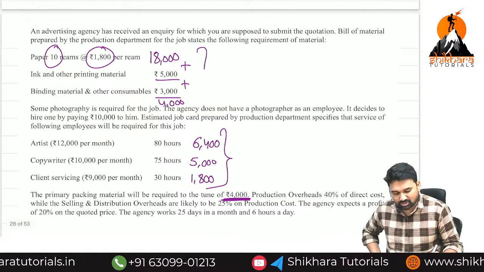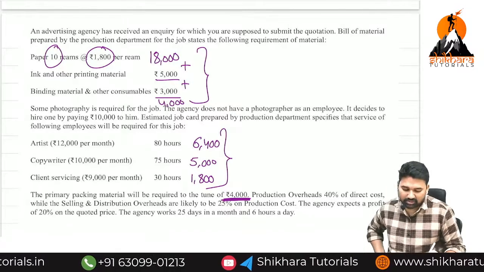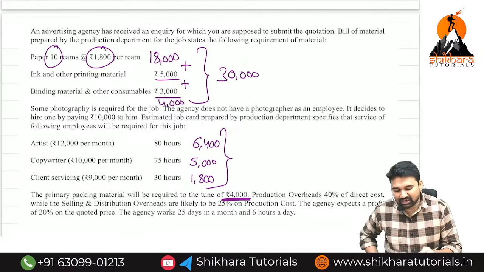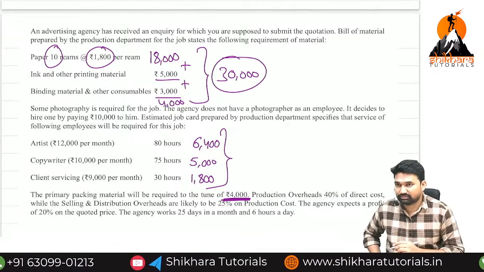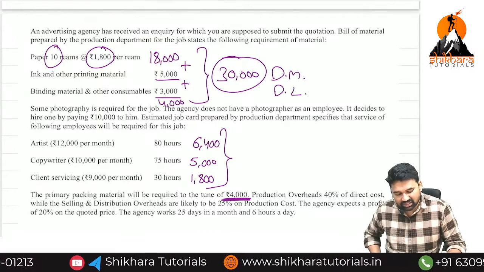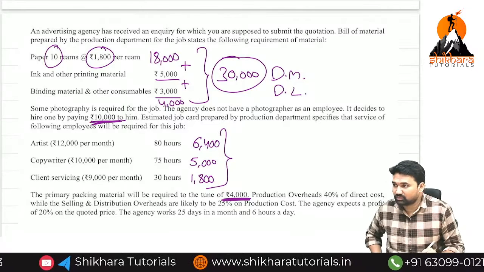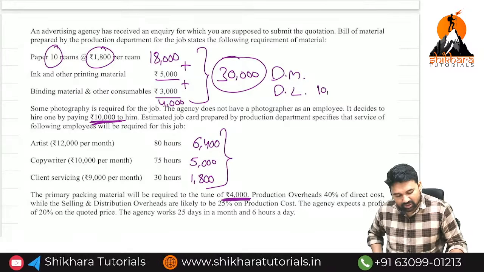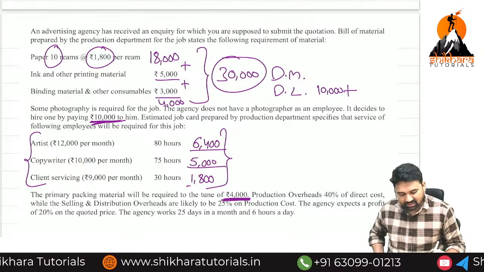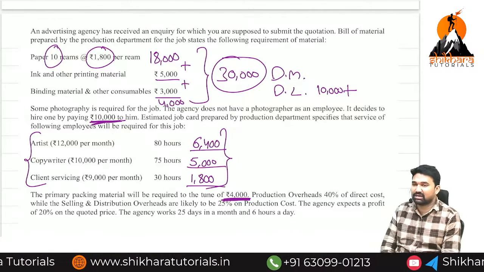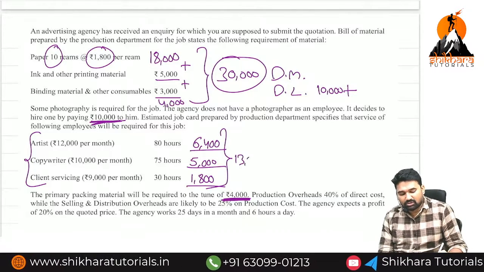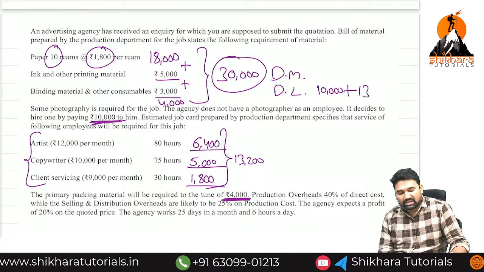So the total sums up to 18 plus 5 is 23, 23 plus 3 is 26, 26 plus 4 is 30,000. So direct material cost is 30,000. And direct labor cost: photographer 10,000, plus artist, copywriter, and client servicing: 6,400, 5,000 plus 1,800, adds up to 13,200. We add this to 10,000.